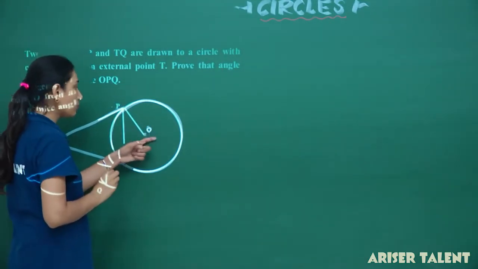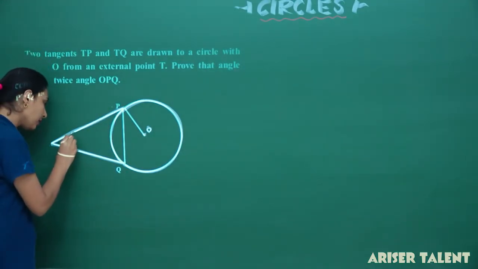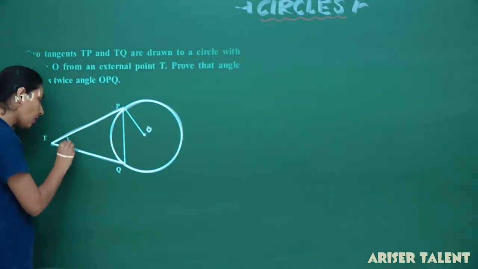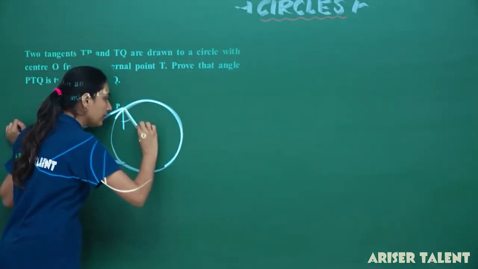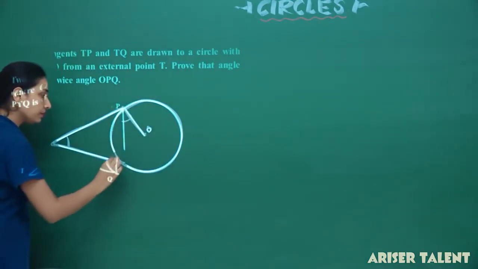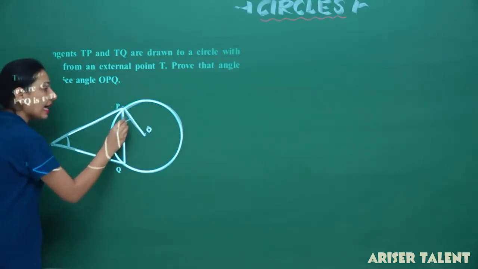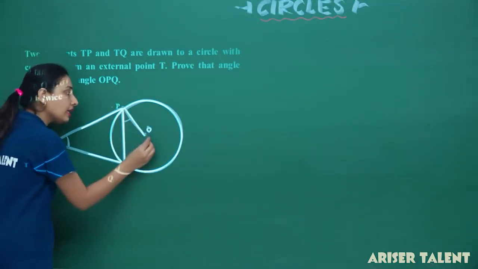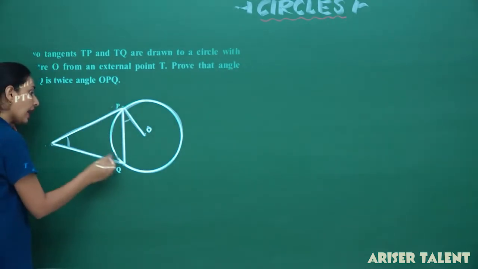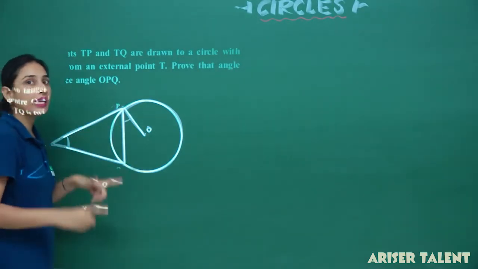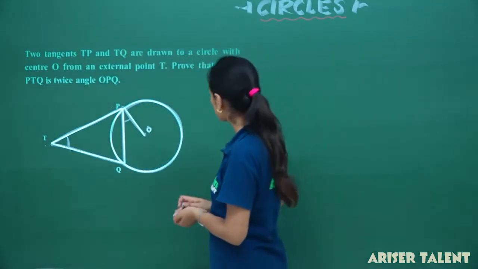So this is O, this is P, this is Q and this is T. It subtends an angle here. When you join PO and we have this chord PQ, the angle made by this chord and the radius will be half of the angle made by the two tangents from the outside point. So you have to prove this.